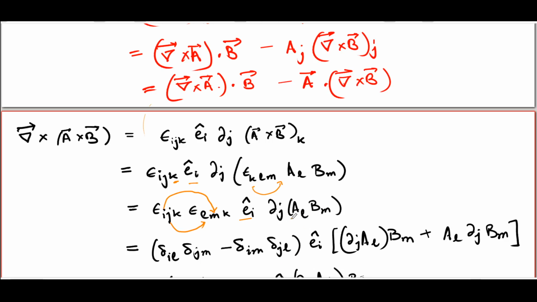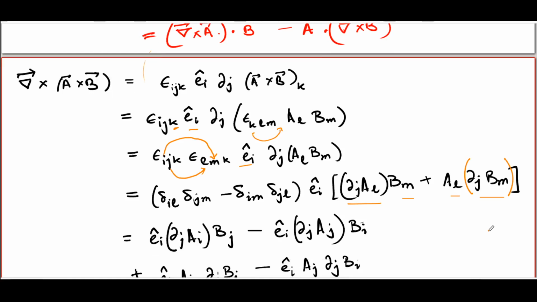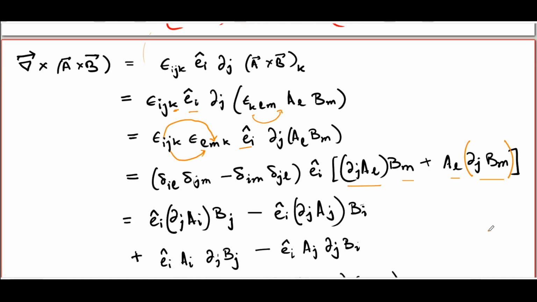And at the same time, ∂_j acting on A_l B_m breaks up into two pieces. ∂_j A_l B_m and another term with A_l with ∂_j acting on B_m. Now let us try to write down the overall expression by combining all these things together. You have two factors involving delta symbols here and two factors here.